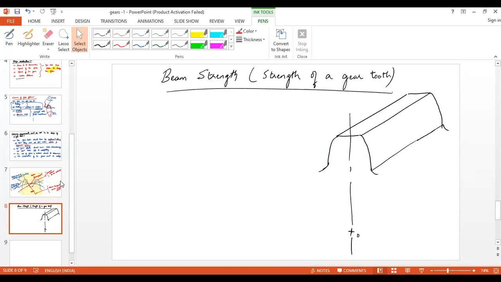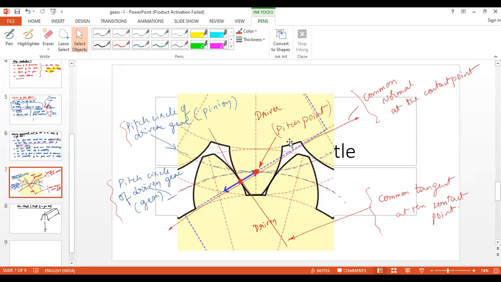So now consider one single tooth of the gear. A gear can have many teeth, but we will consider only one tooth. That is, one tooth of a driver is pushing another tooth of the driven gear.